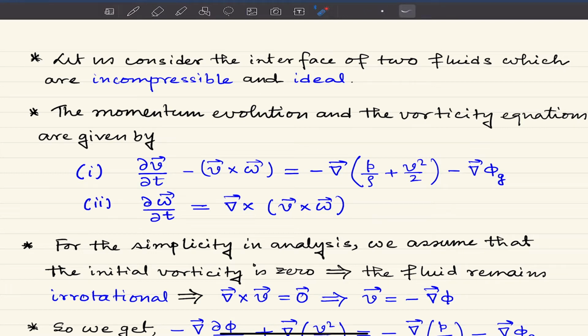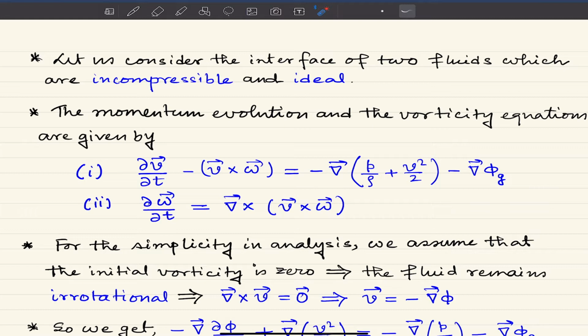Now, let us first consider the interface of two fluids which are incompressible and ideal. If we are talking about two fluid interface instabilities for a highly compressible intergalactic medium and some galactic fluid, then this is not quite a correct analysis, but that is just a first step in the analytical approach.